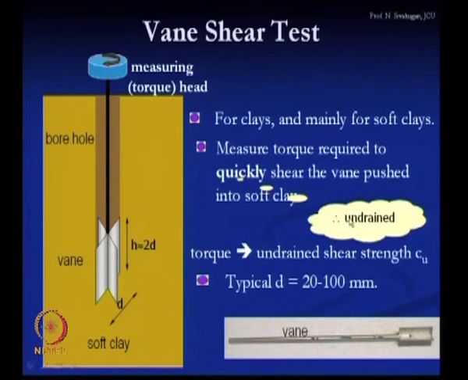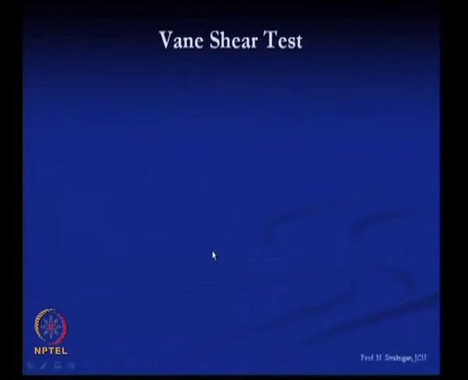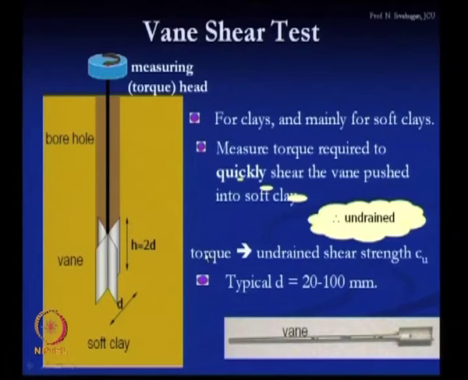It is done quickly so that we can simulate the undrained condition in the soil. By measuring the torque that we are applying and the corresponding resistance, we can determine the undrained shear strength of the soil.